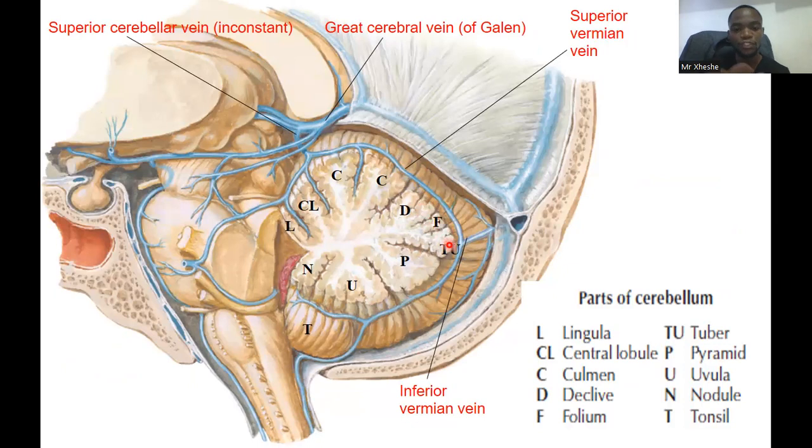Now, you see that the part of the hindbrain that is biggest is the cerebellum, all right? Now, in lower organisms like cats, monkeys, and so on, the parts of the cerebellum that are more developed are different from those of human beings.